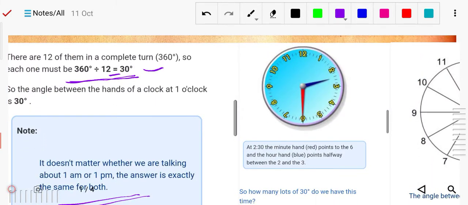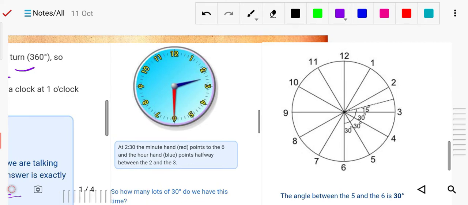Now for the second question, the time was 2:30, 2 hours and 30 minutes. How will you show it? For 2:30, first of all, the hand is not on the 2 and not on the 3, it is between 2 and 3.